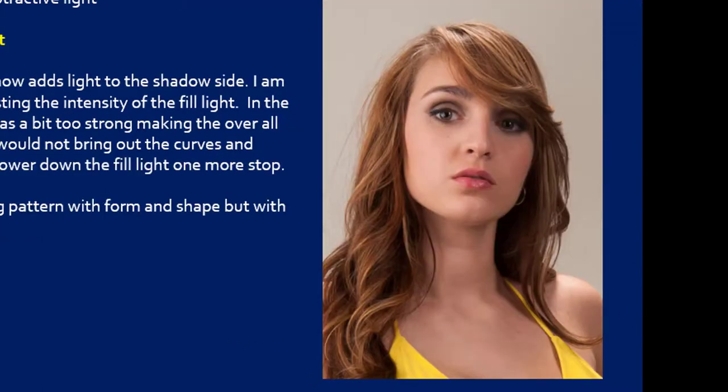So here's the image with the fill light introduced, and its job was simply to add light to the shadows. We've talked about that when we talked main and fill a bit, but this helps us control the contrast by having that fill light. We've already talked about the ratio of the main light to the shadow side, or the main light and the fill light. And so this is an additive light example.